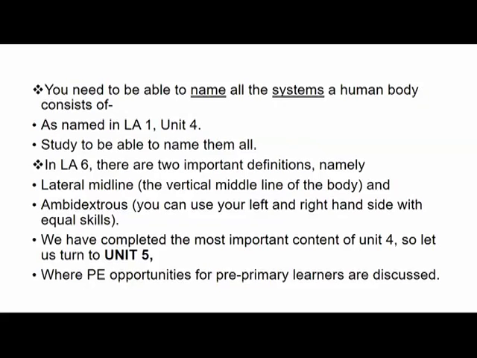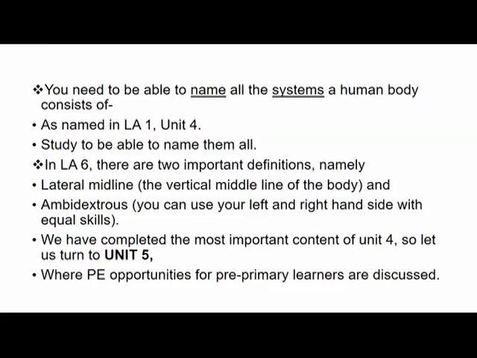In LA6, there are 2 important definitions, namely lateral midline, that's the vertical middle line of the body, and the second one is ambidextrous. If you can use your left and right hand side with equal skills, then you're ambidextrous.